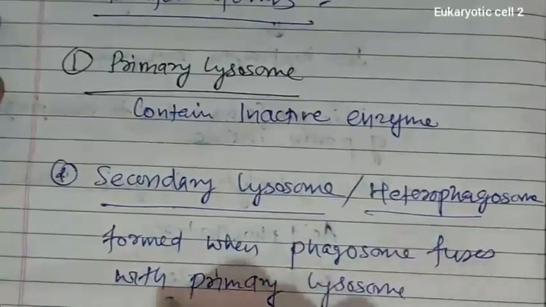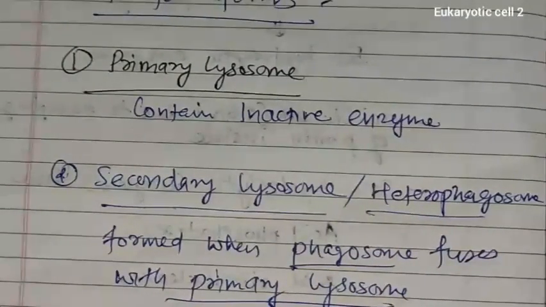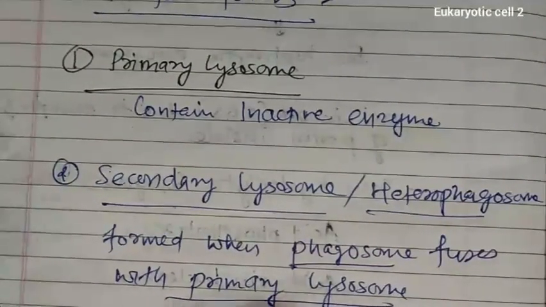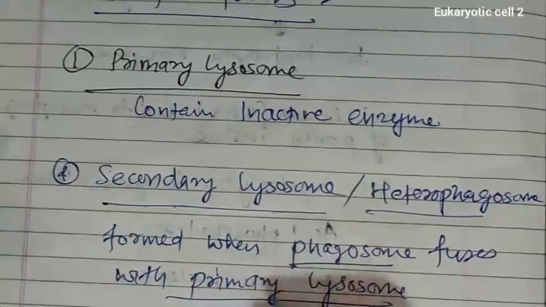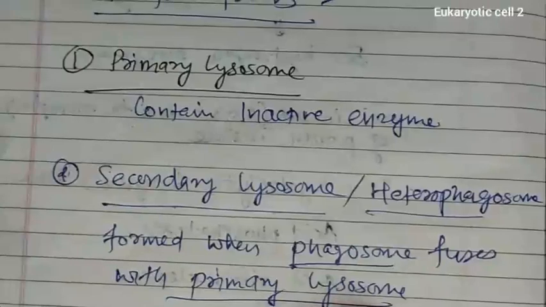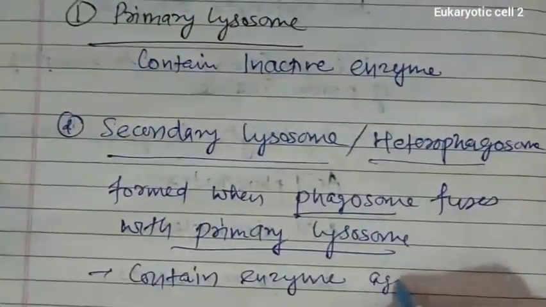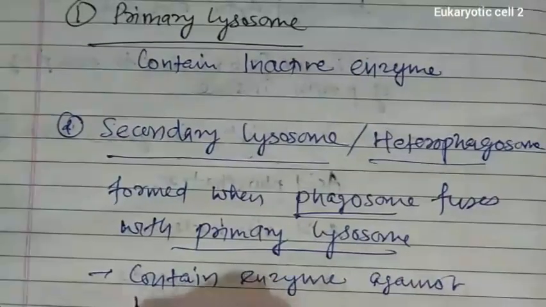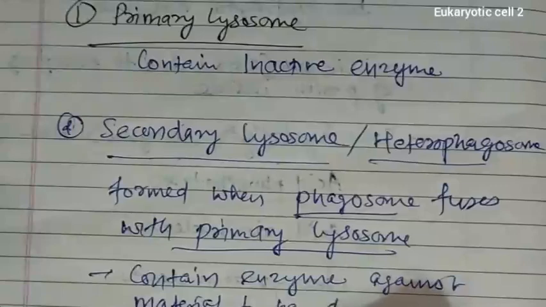So when a primary lysosome fuses with the phagosome, it is known as secondary lysosome, and they contain enzymes against the material to be digested.